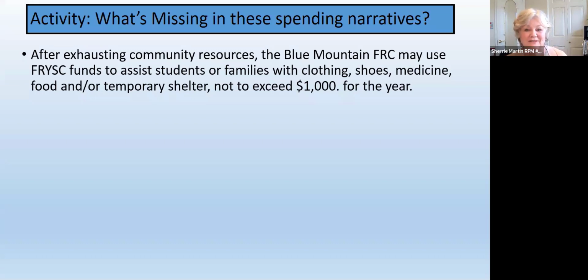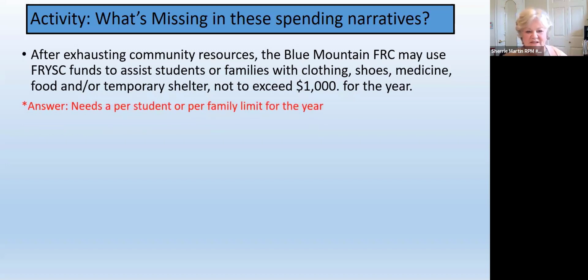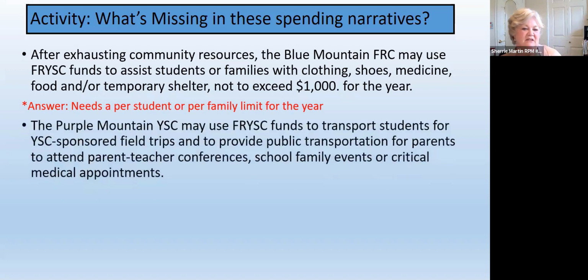Oh, no, we don't. I'm sorry. I was going to say criteria, but we already have that in there, right? The criteria is the Frisk can assist with clothing, shoes, medicine, food, and shelter. And the answer is it needs a per student or per family limit for a year. Okay, let's do the next one.